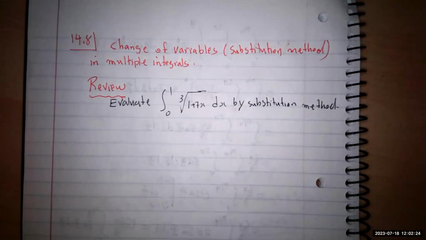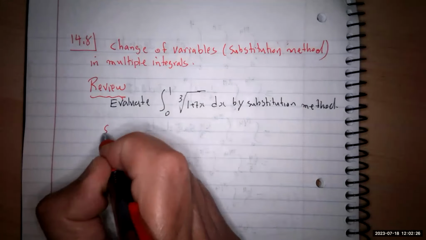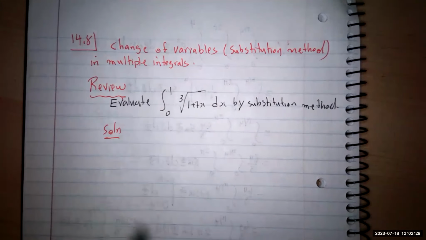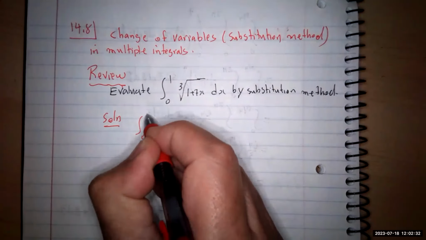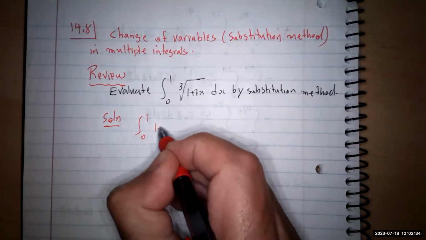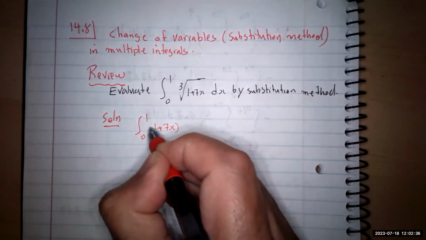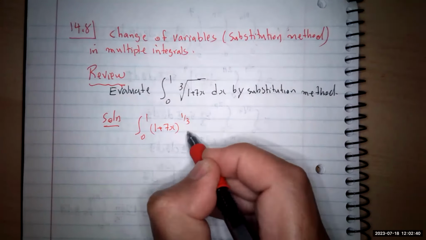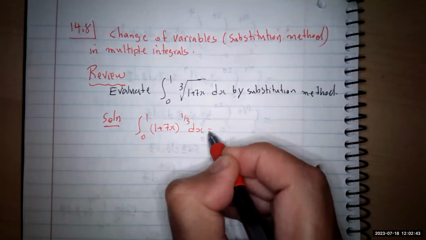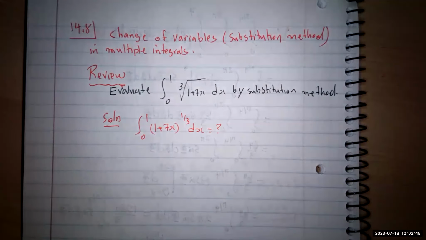So you know that the solution is, we're going to rewrite it: the integral from 0 to 1 of (1 plus 7x) to the 1/3 dx. Then we use the so-called u-substitution.